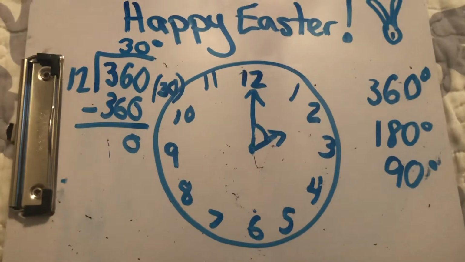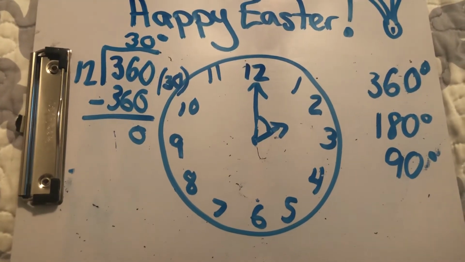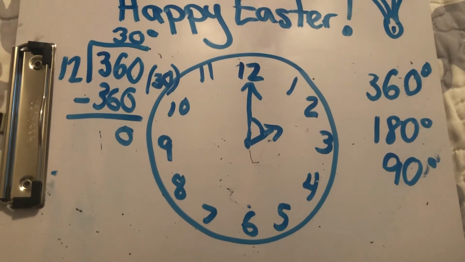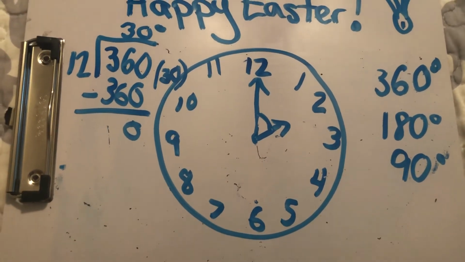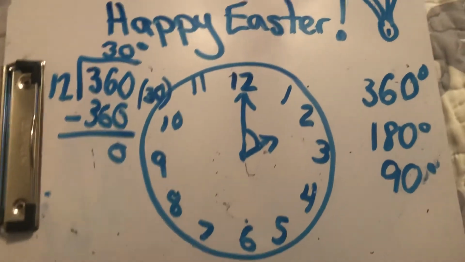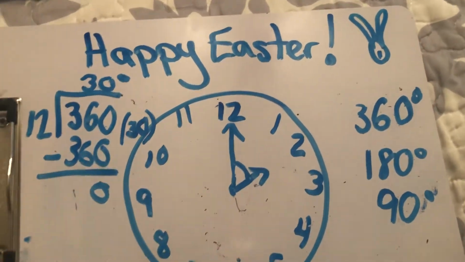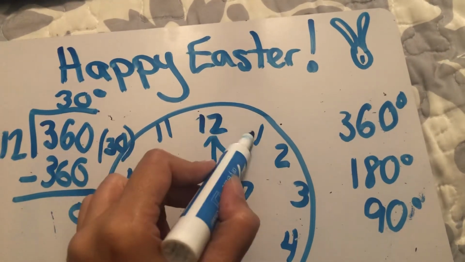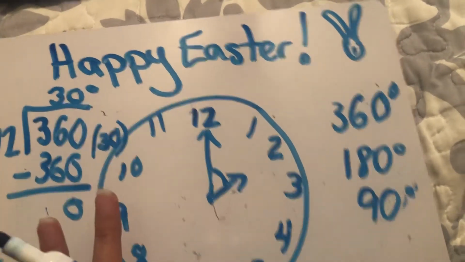Once we know that every section on the clock is 30 degrees, now we can quickly find out how many degrees is in any time they give us because we know every section is 30. So if one section is 30, then that would mean that 2 sections would be 60.